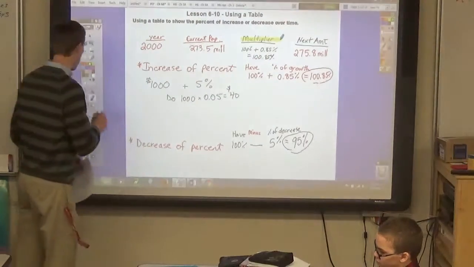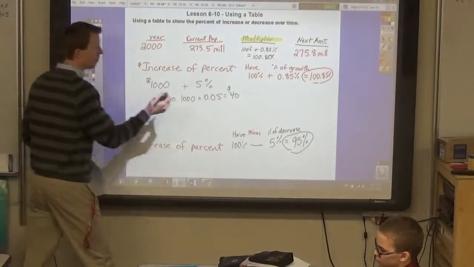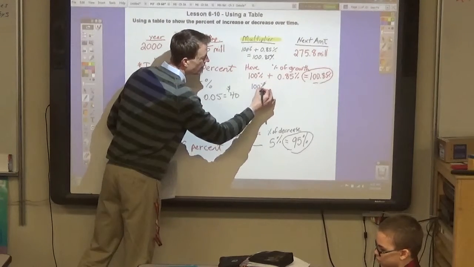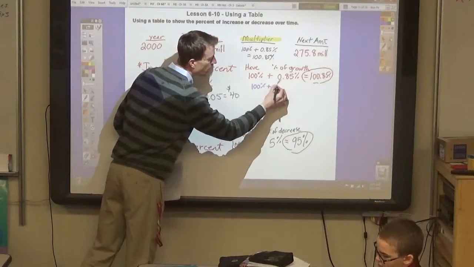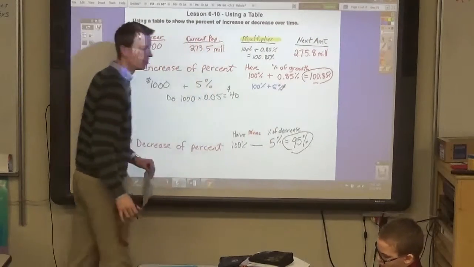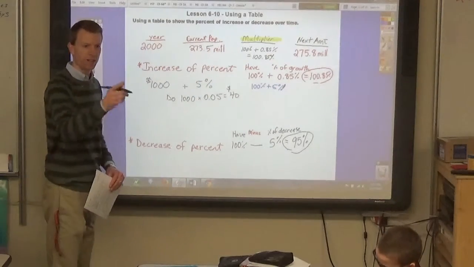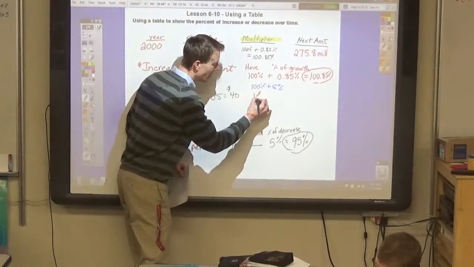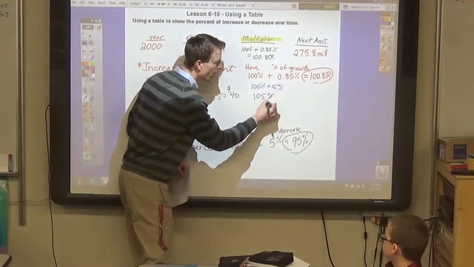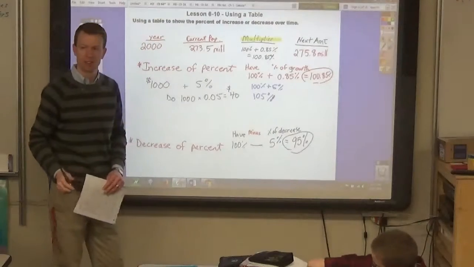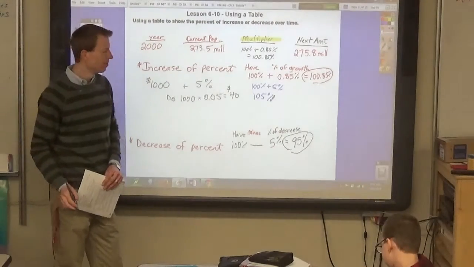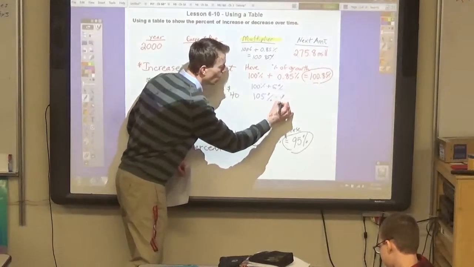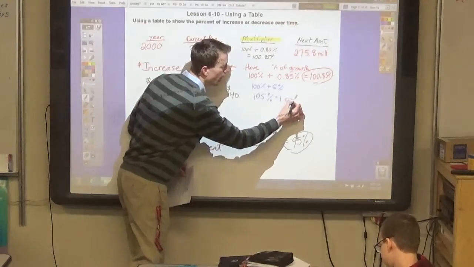So in this example, it would be 100% plus 5%, which is what? 105%. And what would 105% be as a decimal? Yep. 1.05.